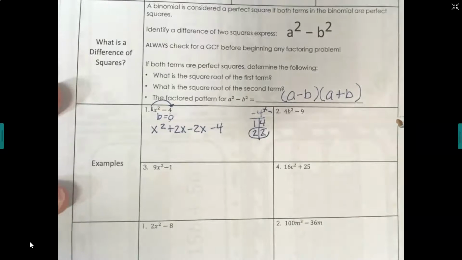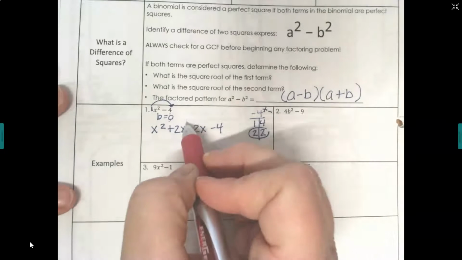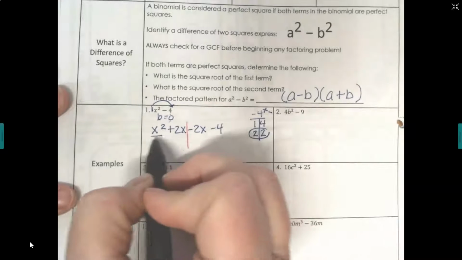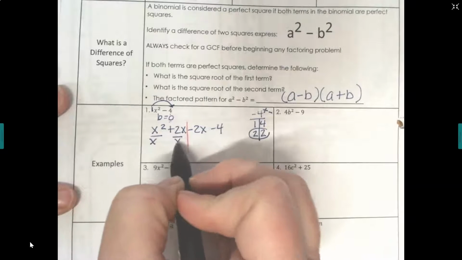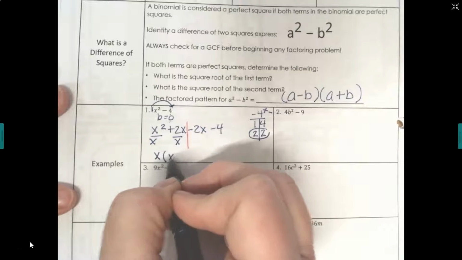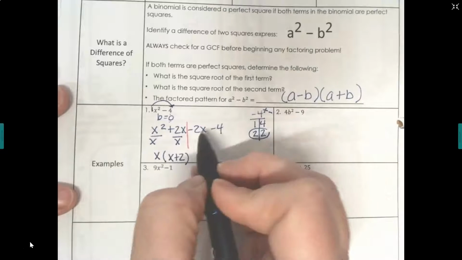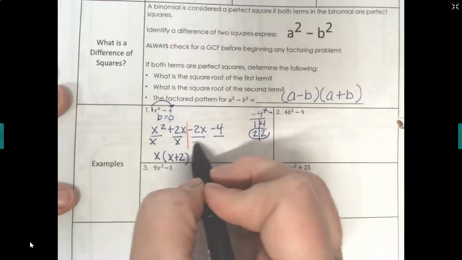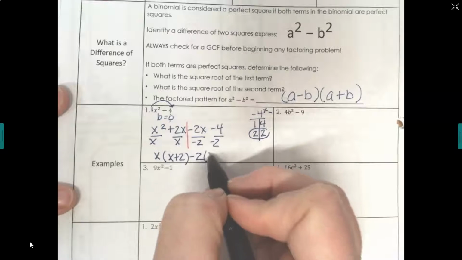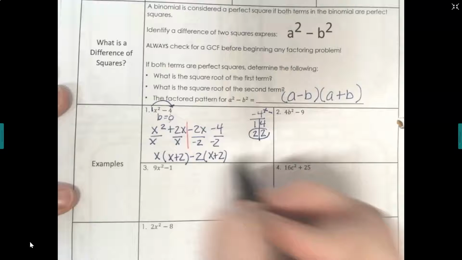Okay, so that's what we've been doing. We can split this right down the center. On the left, these two have an x in common, so I take the x out and I'm left with x plus 2. On the right, these have a negative 2 in common, so I take out a negative 2 and I'm left with x plus 2.